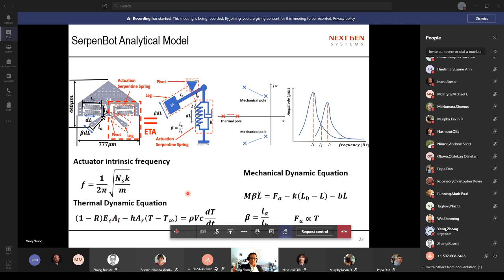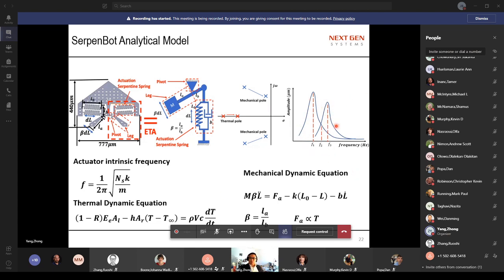Basically, our laser pulse frequency is like a driving force, just like pushing a swing. If your pushing frequency is similar to the swing's intrinsic frequency, then you will reach the maximum displacement. So here is the same idea.